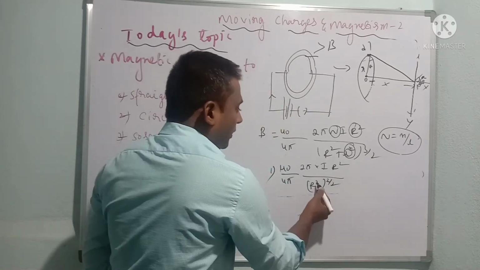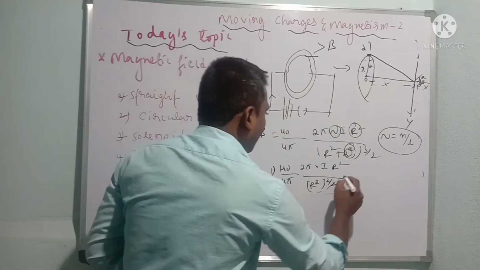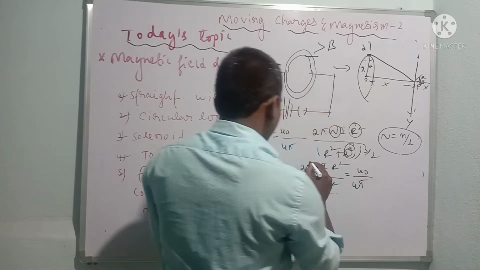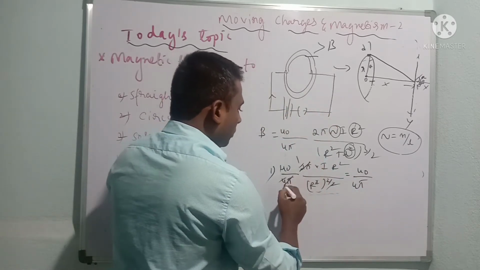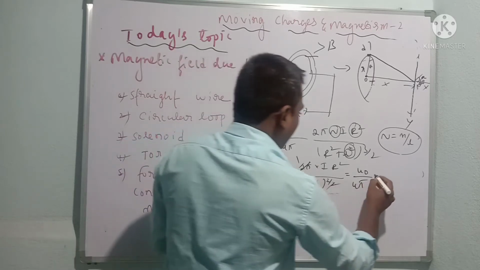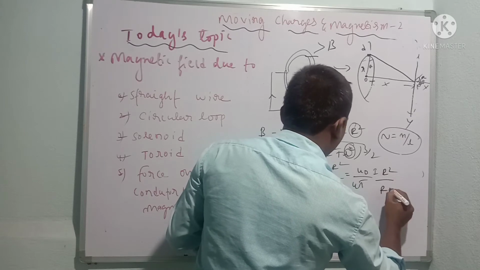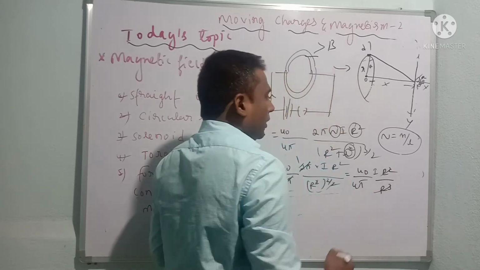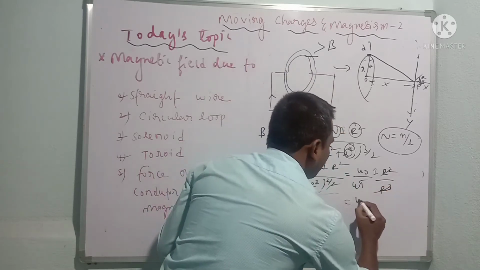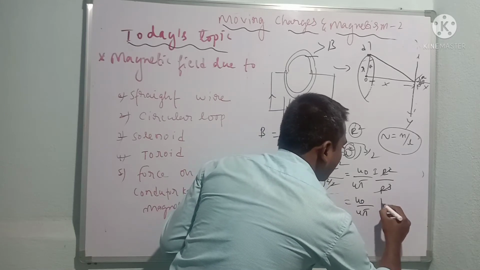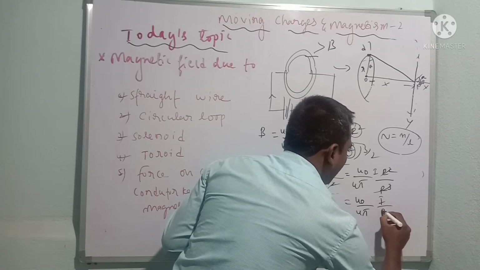Now the 2 cancels, the pi cancels, and we get r square I divided by r cube. The r square cancels, and it becomes mu naught divided by 4 pi times I divided by r.